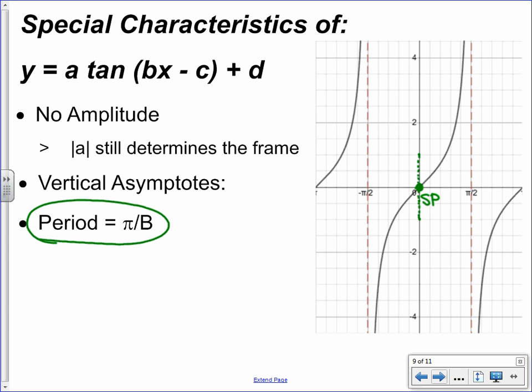But then instead of putting all of our frame to the right, since we had to rotate up to pi over 2 and then down to negative pi over 2, we're going to put half of our frame to the right and half to the left.